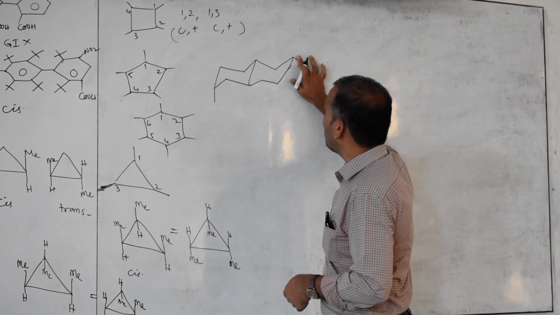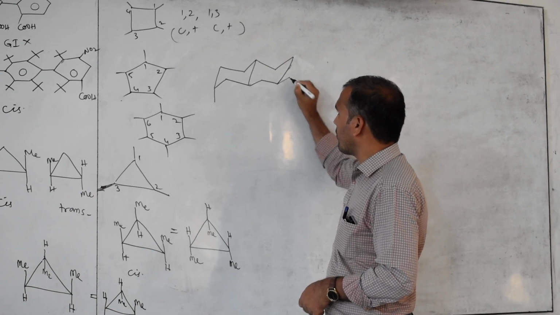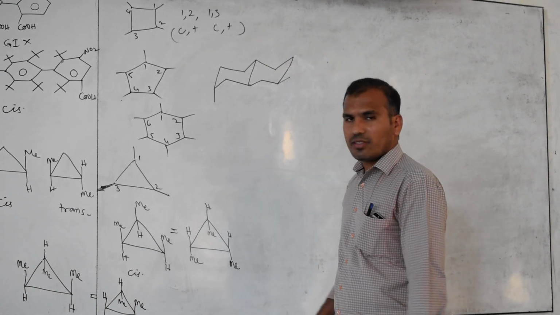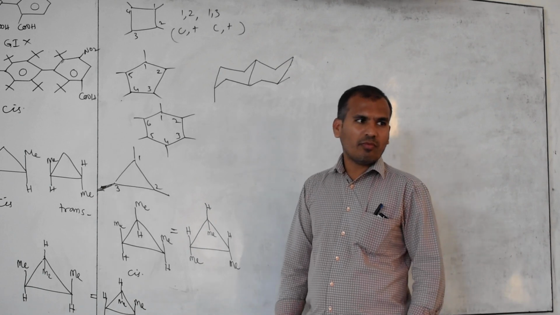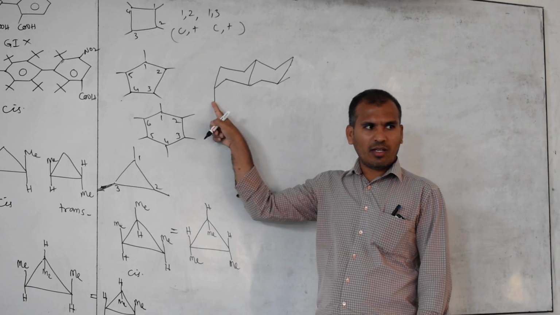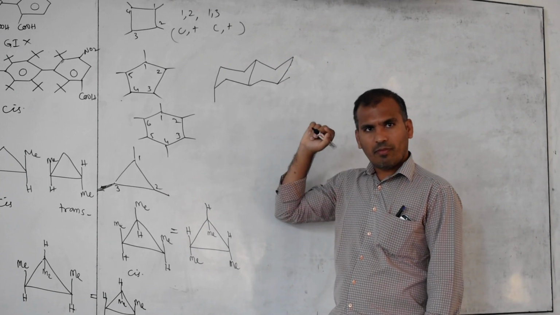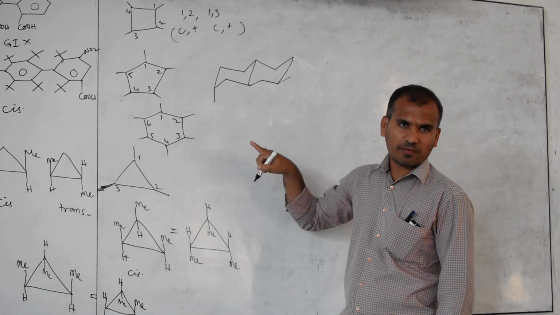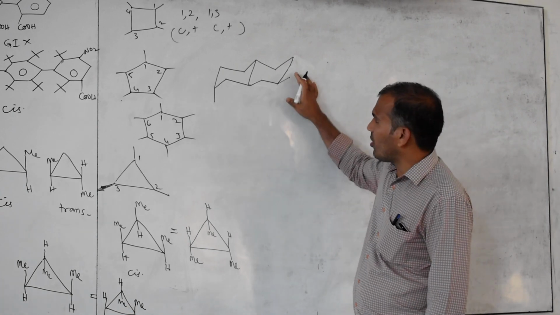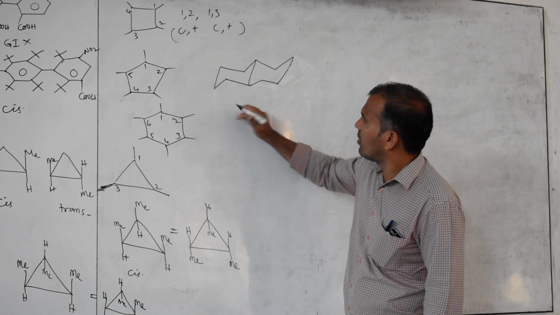Now, if I remove this and place it here, tell which form this is? This is which one? Down or up? This is down, up, trans. Then this is trans form. Now I will remove this. This also I will remove.